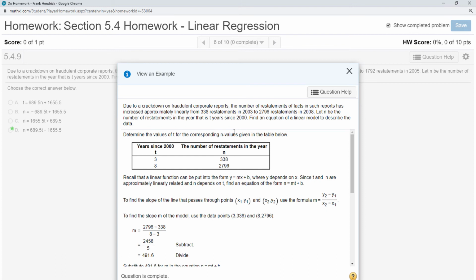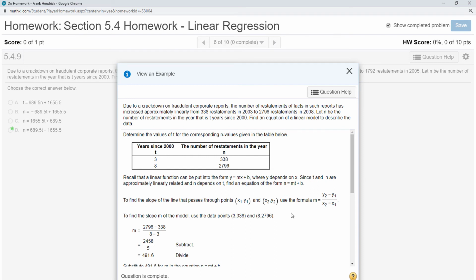And they give you here the restatements. So from here, the strategy is going to be find the slope, find the y-intercept, and then once we have the slope and the y-intercept, we can use the slope-intercept form of a linear equation to get an equation.